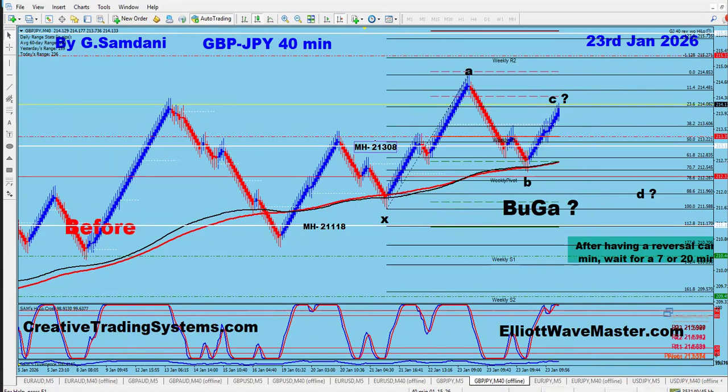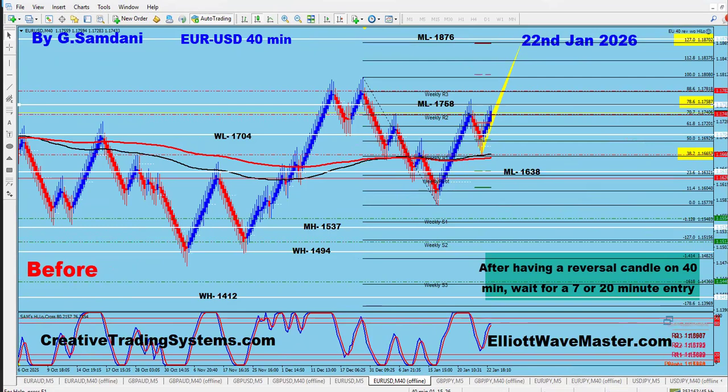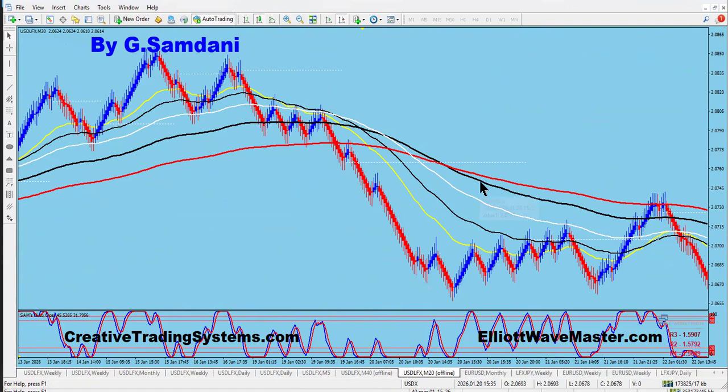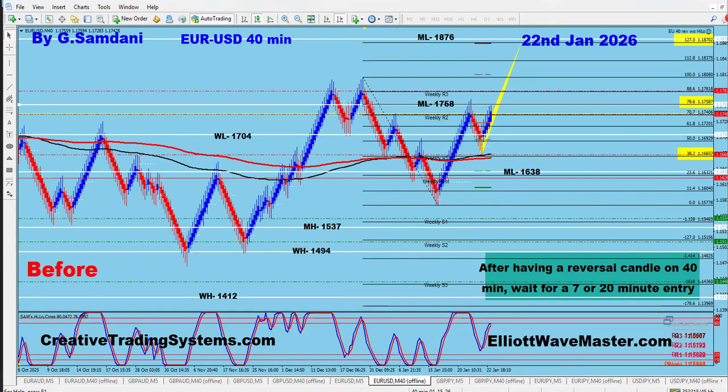All these EMAs, you can see here that this red line is 370. Okay, start from here, yellow, 55, then 89, then 144, then you see 233. All these are Fibonacci numbers. And that's the reason that I use them, because they work perfectly, right?